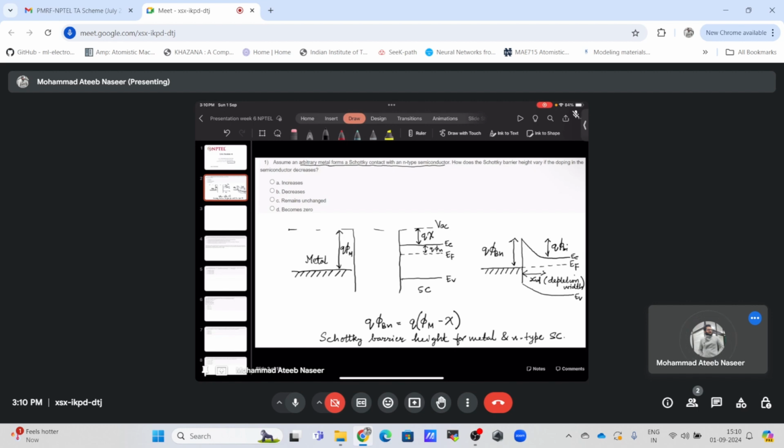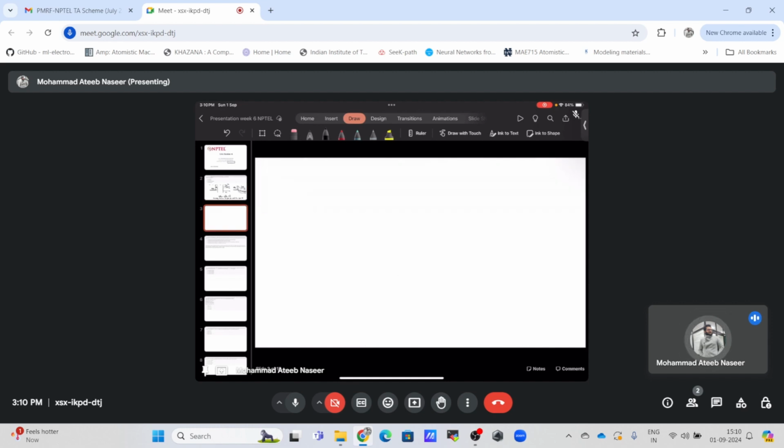You can see from this that neither the metal work function phi m nor chi, which is the electron affinity, depends on doping.